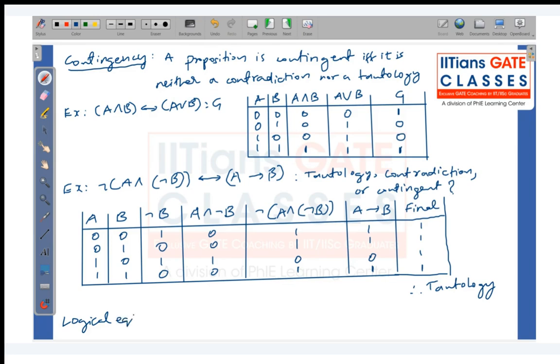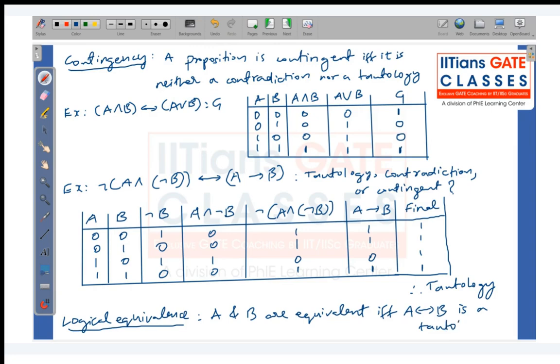Another thing I'll mention, logical equivalence. Okay. So A and B, they are equivalent if and only if this biconditional is a tautology. I'm essentially saying a very simple thing in a complicated way over here.